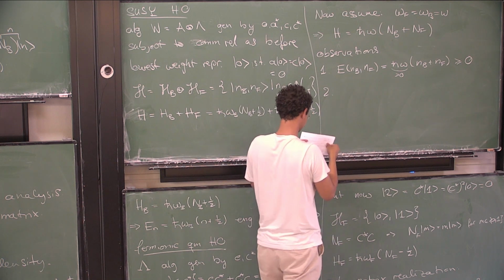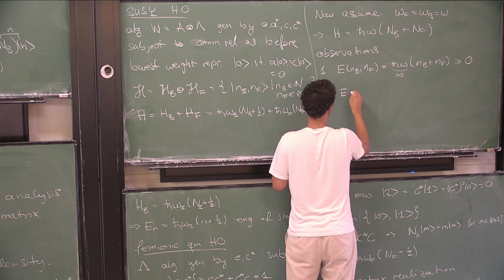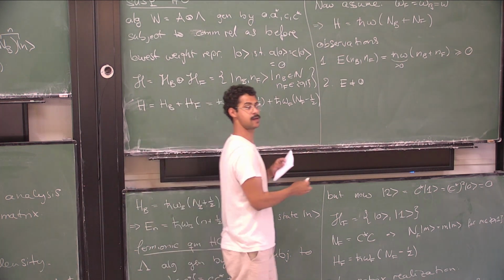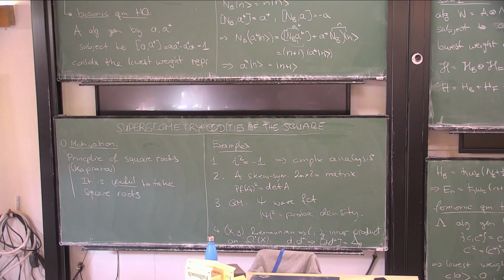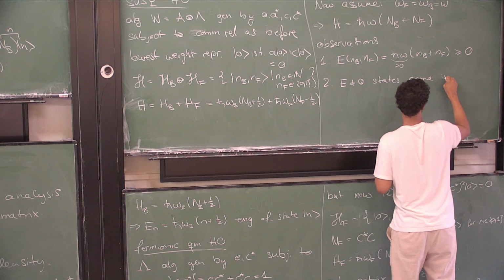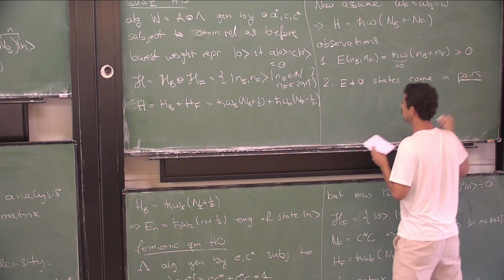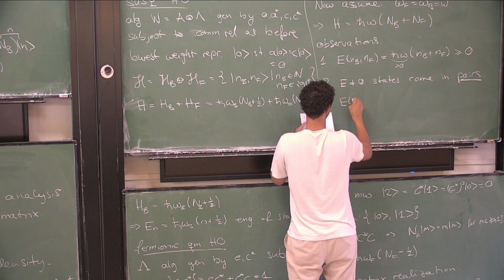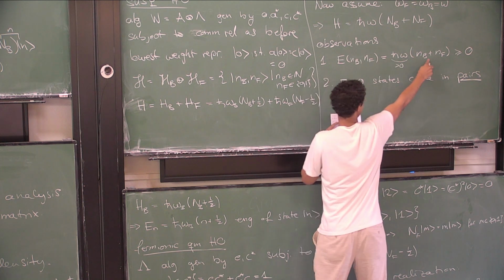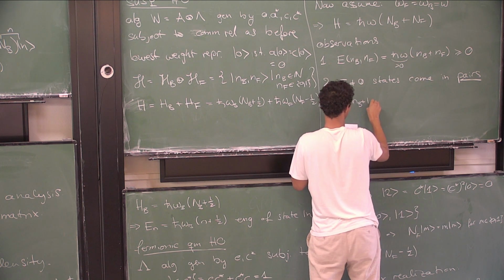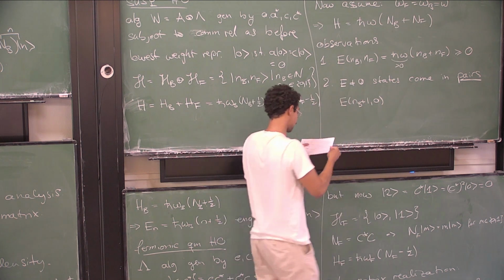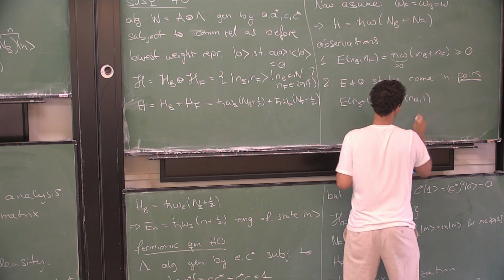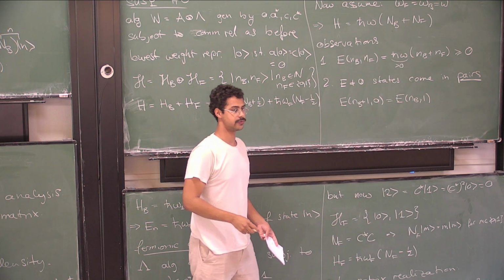The second one: suppose that the energy of a given state is non-zero, then these states come in pairs. Why is that? Well, the energy of the state where I have no fermion but plus 1 boson is actually the same as if I have 1 fermion and just N bosons.